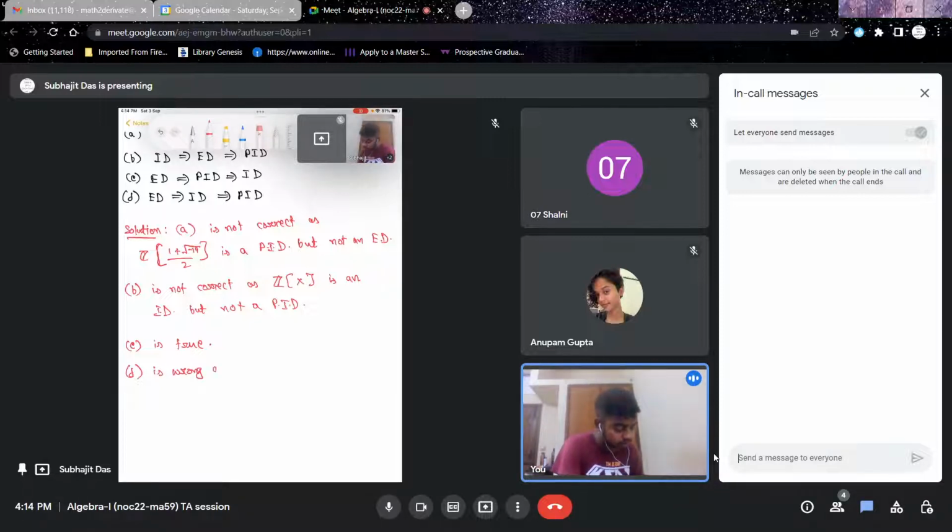So this is wrong, as Z[x] is an ID as we just wrote here, but not a PID. Yeah, we can also write ED here. Well, it doesn't matter really.